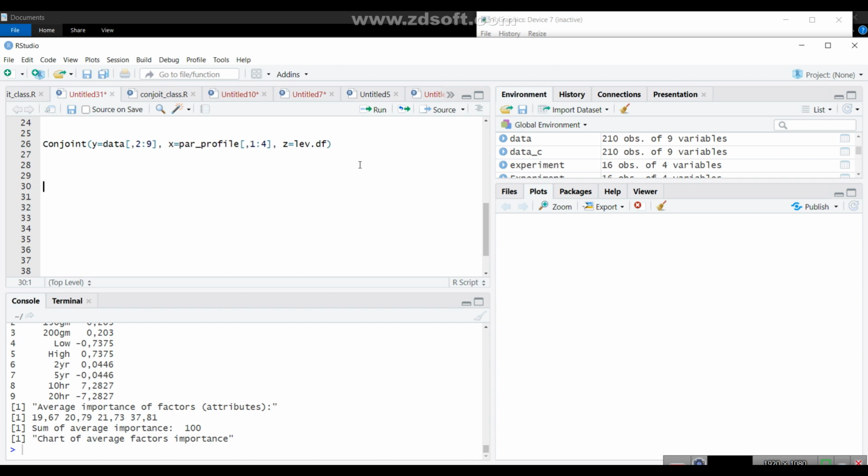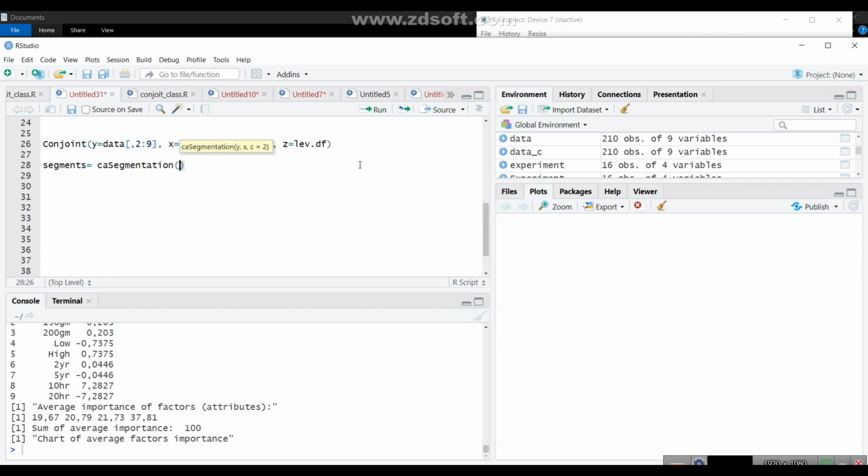This conjoint package gives me the freedom to create clusters out of these consumers or respondents. So suppose I want to segment my consumers based on their utility perceptions.